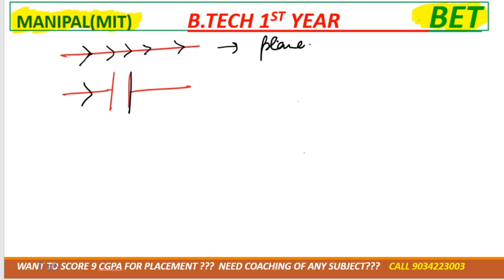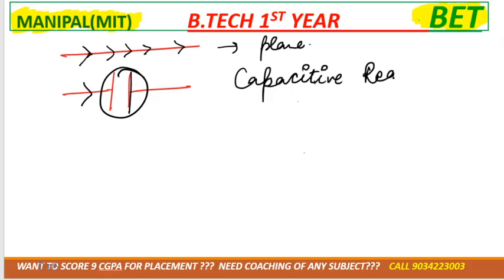Plain only, correct? So again, that means there is some amount of resistance present in the capacitor. We didn't add any resistance, but there is an inbuilt resistance present in the capacitor, and that resistance is technically known as capacitive reactance.